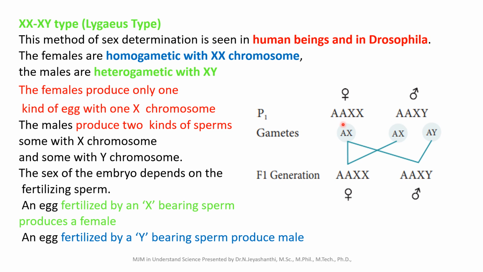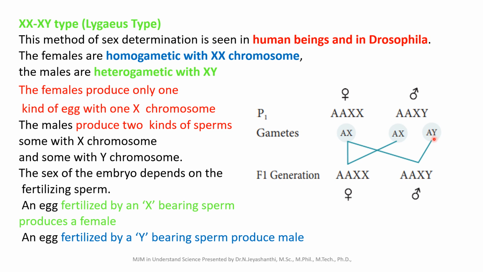Here AA are autosomes, XX are the sex chromosomes present in the female. AA autosomes, XY are the sex chromosomes present in the male. The female produces only one type of gamete, that with X chromosome, but the male produces two types of gametes, AX and AY. If AX fertilizes the egg, we get female.